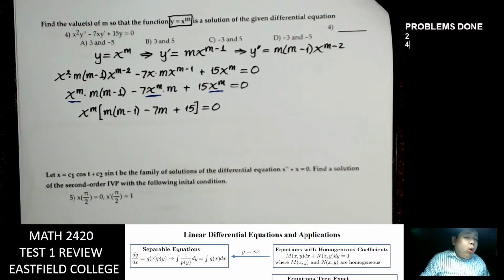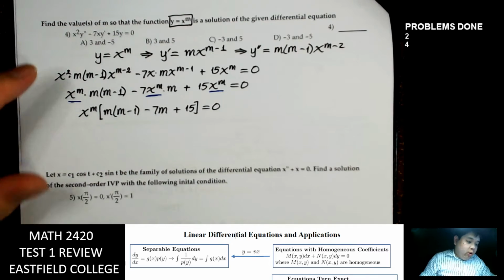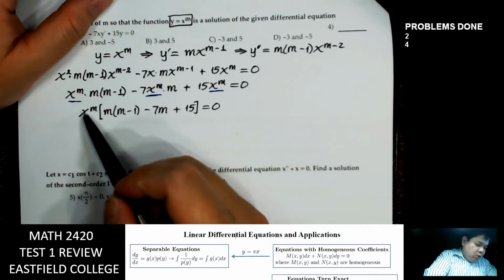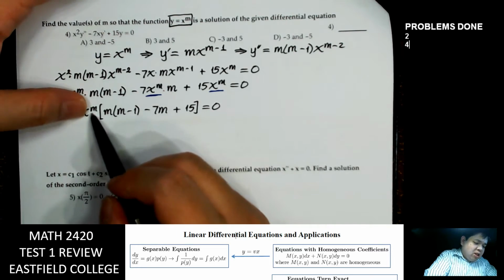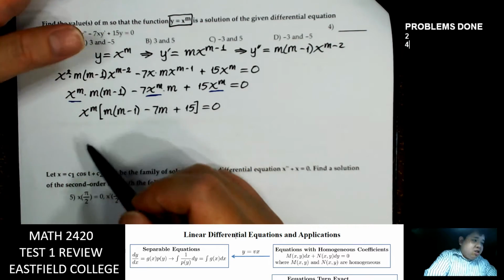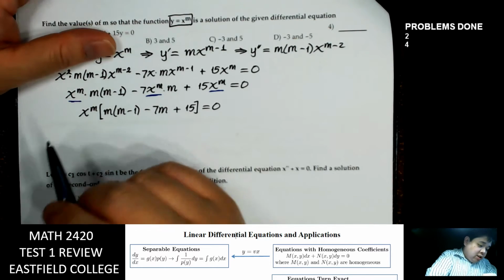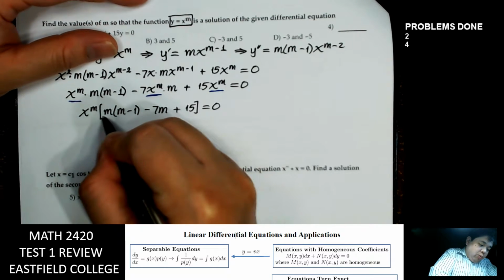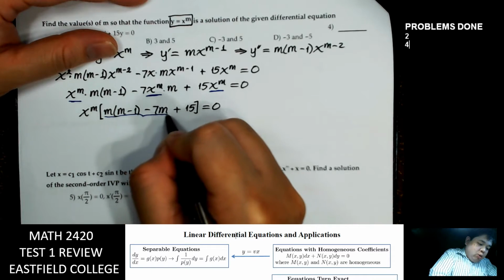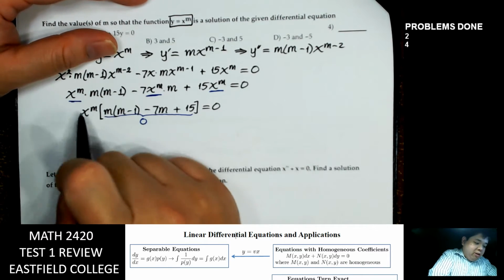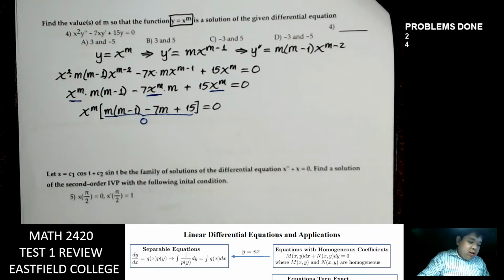Now we want the equation to be true for every value of x. So if we choose x to be 0, of course this is true, but that doesn't work. We want the equation to be true for every x. So in that case, this must be equal to 0. So in that case, it will be true for every value of x.